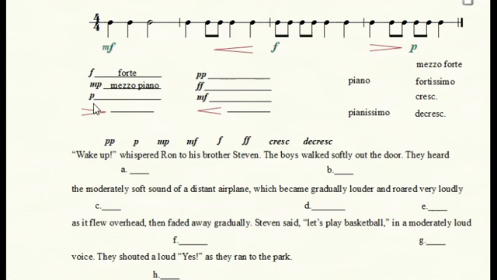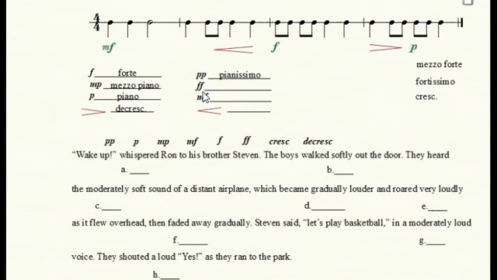We have piano. Here we have a decrescendo, also known as a diminuendo. You can tell because the mouth of it is big, and then at the peak it gets small. Here we have two italicized P's. We have pianissimo.